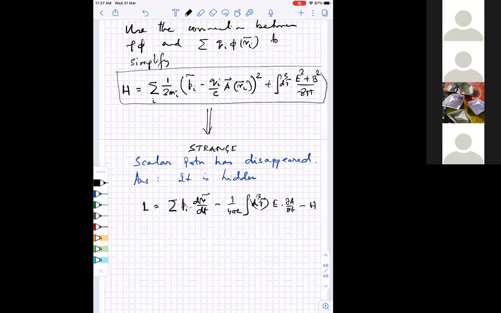So I can take this Hamiltonian and put it over here to get a new Lagrangian. So this gives you L, let me call it L nu. That's very bad notation. Or L simplified. Let's call it L simple.